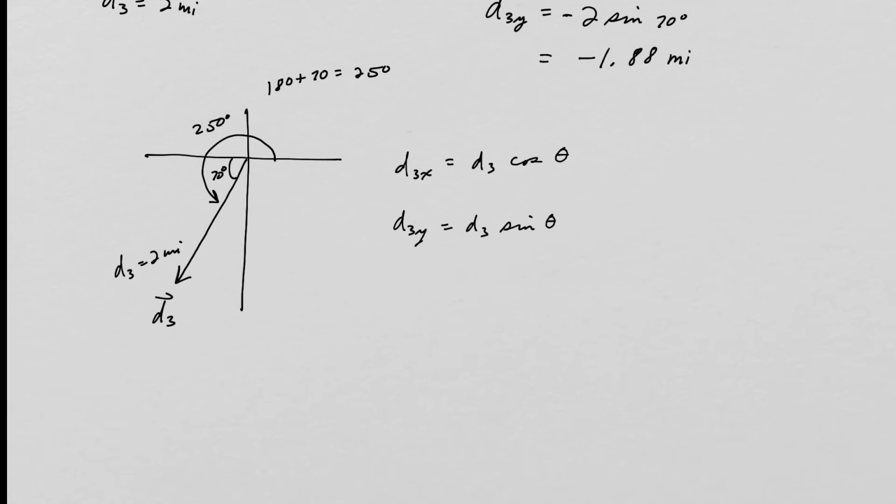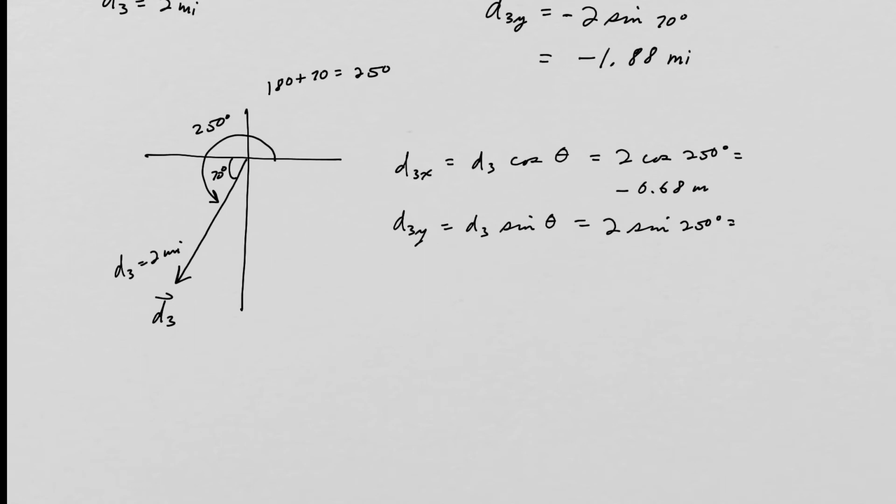So in this case, it would be 2 times cosine of 250. And this one would be 2 times sine of 250. Notice I don't have to put positive or negative because it's going to give me that correctly. So if I plug this in, let me grab my calculator. If I plug in 2 times, I better get the same answer, right? So 2 times cosine of 250, I'm going to get negative 0.68 miles, right, it had to be that.